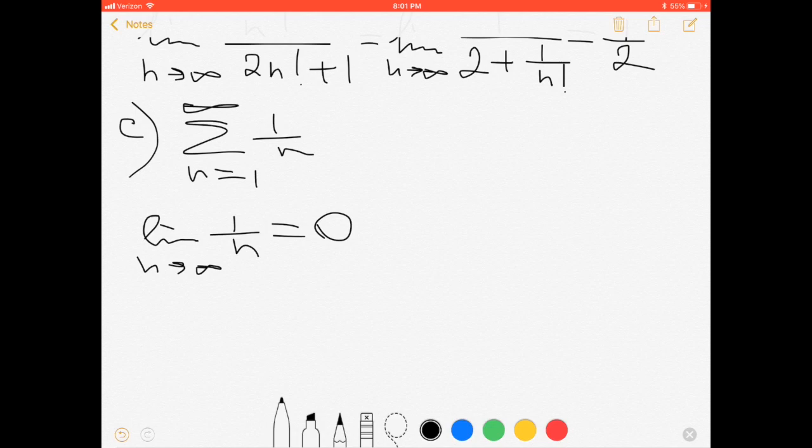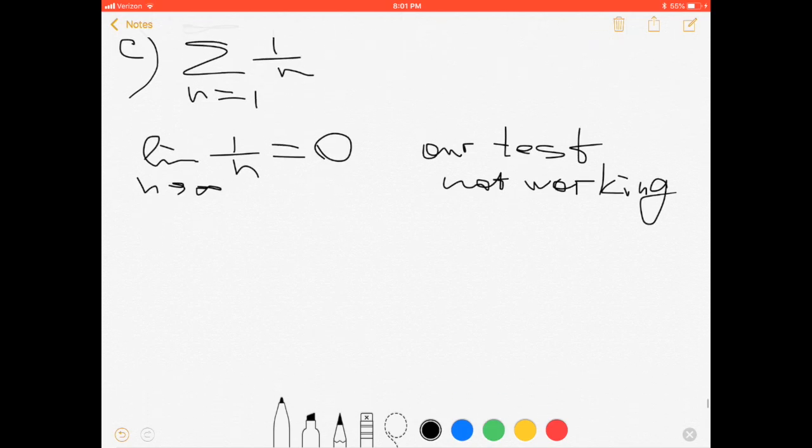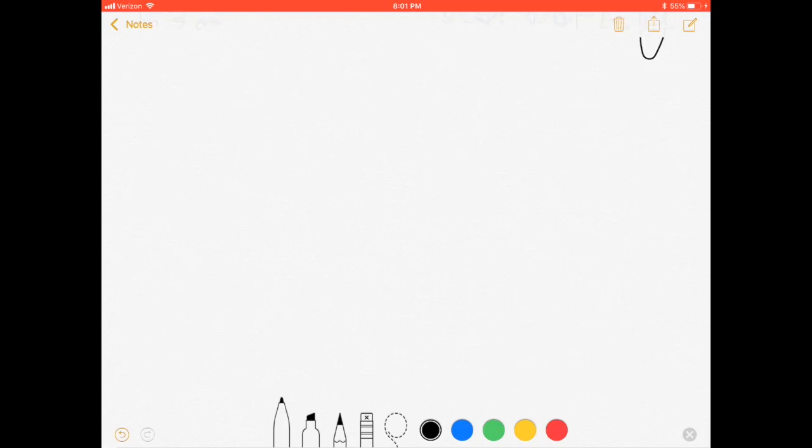We don't know whether the series converges or diverges. It means our test is not working. In the future, when we have more tests, we can use different tests. But right now, we don't have any answer.